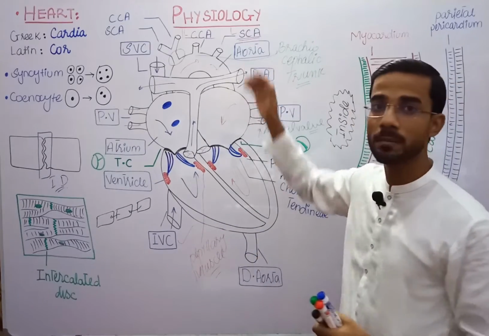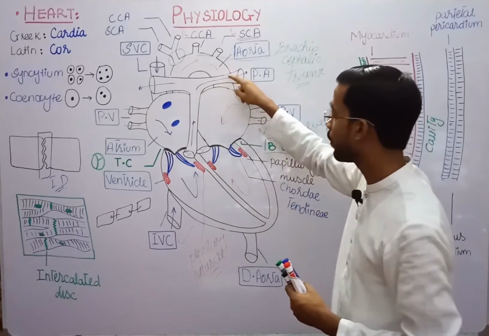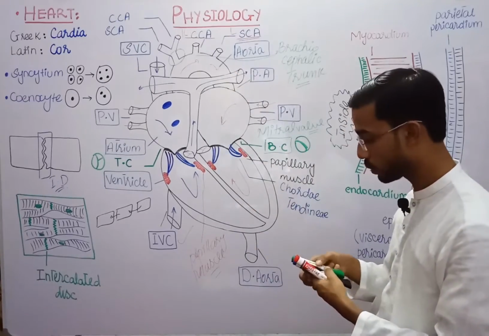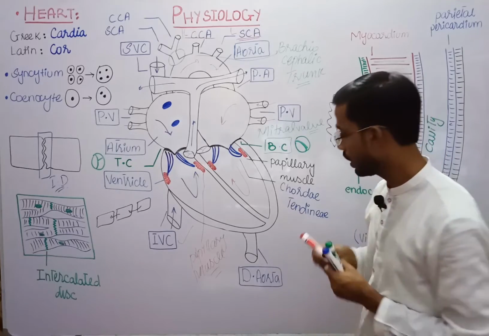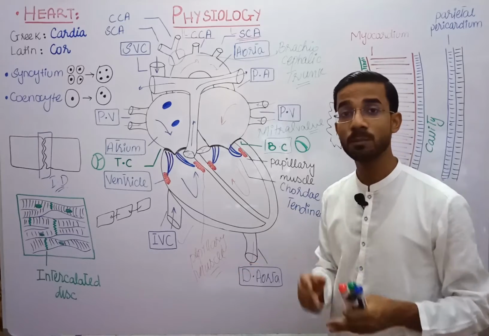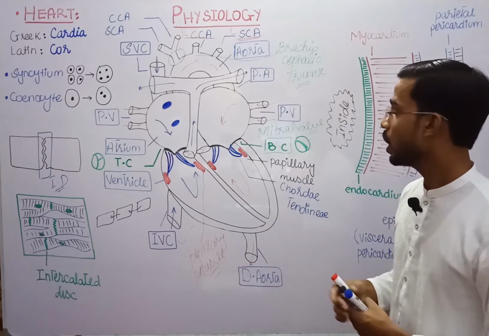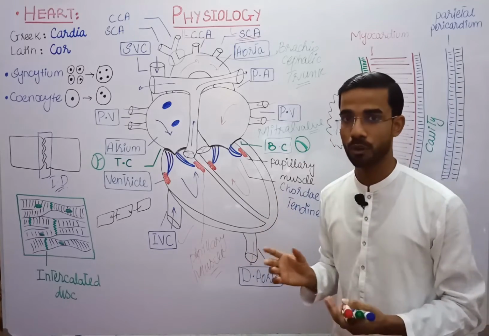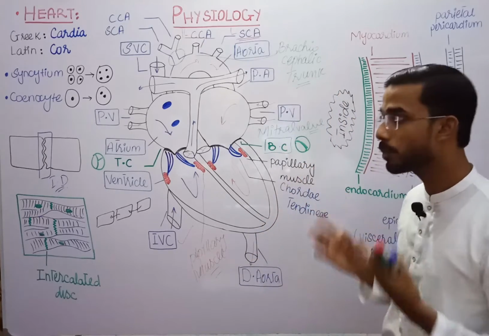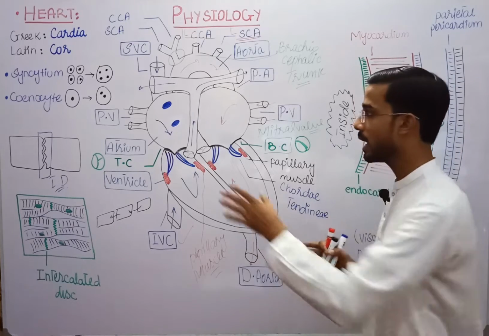It supplies blood to the upper part of the body, and then the blood will move downward through the descending aorta, right here. This is the descending aorta, and it provides blood to the lower parts of the body, right? So this is the basic information about the components of the heart, right? Keep remembering there are four chambers.